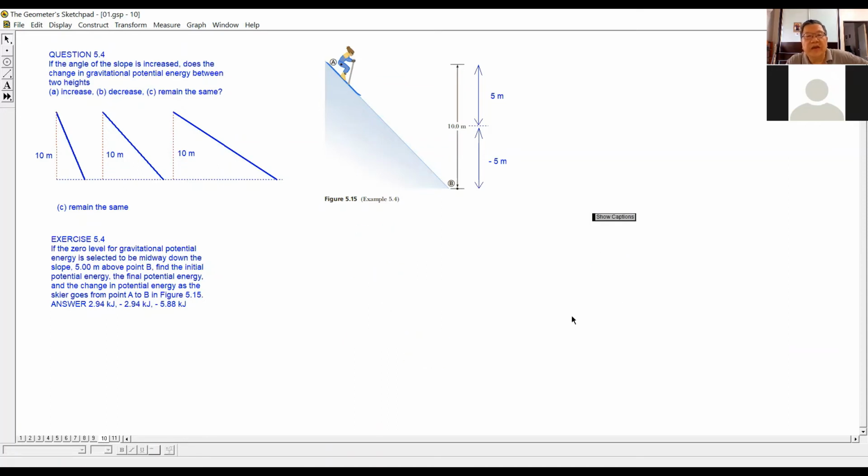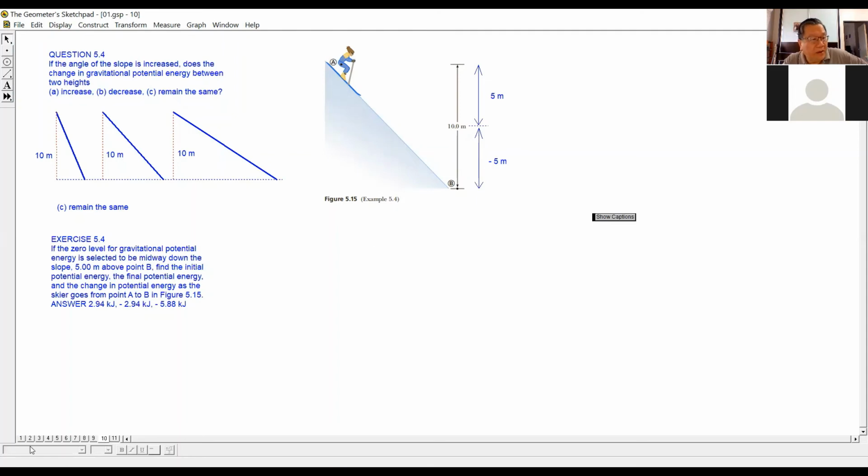Can you tell me how much the potential energy is at A and at B, and the difference, if I take the center point as the 0 point? So point A is positive 5, and point B will be negative 5 meters.